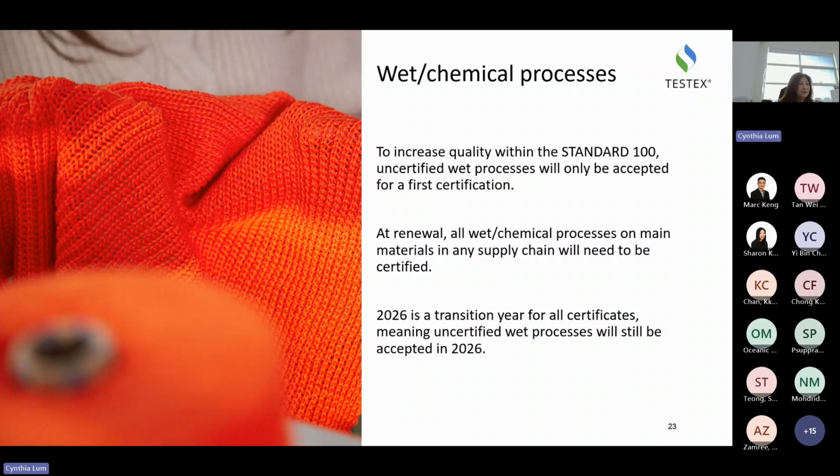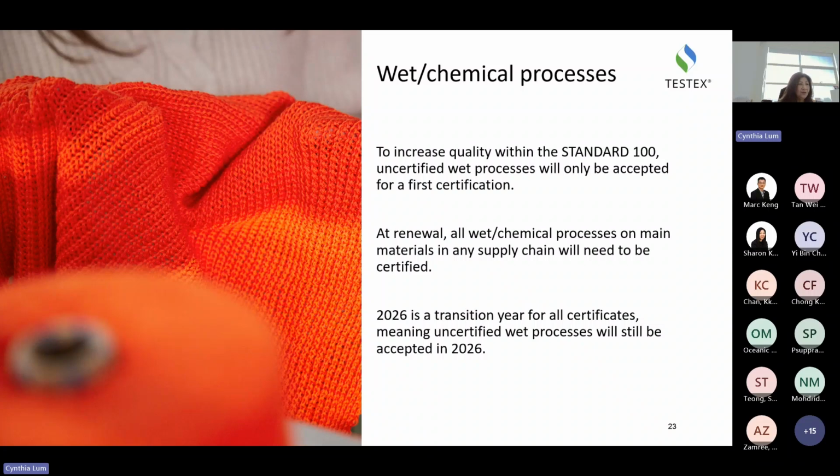For example, commission processes will need to be certified from this year onwards. At renewal, all wet and chemical processes on main materials in any supply chain will need to be certified. So I think this is quite clear.